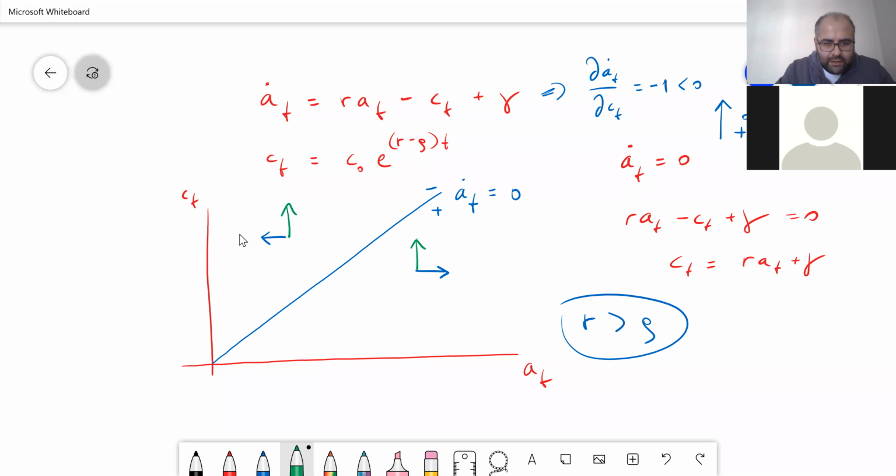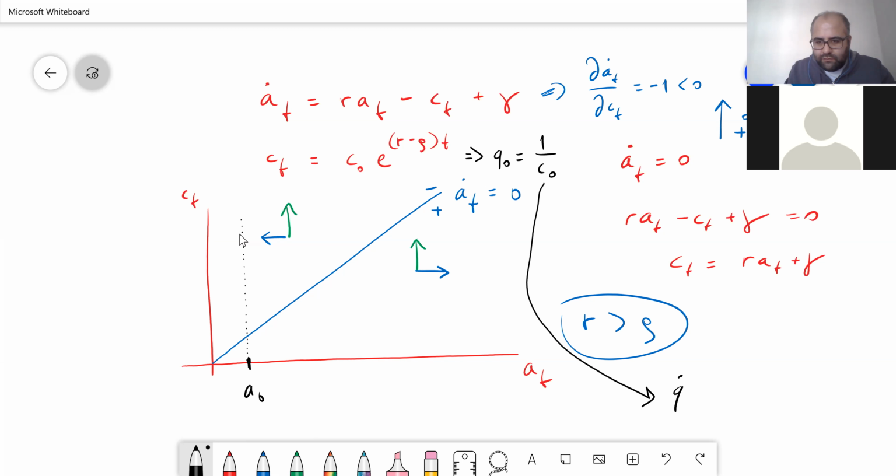So suppose that there is an initial level, let's say this is your A0. You're going to choose a particular value of C0, and that C0 will be associated with a particular value of Q0, and that Q0 will be a particular solution of this.